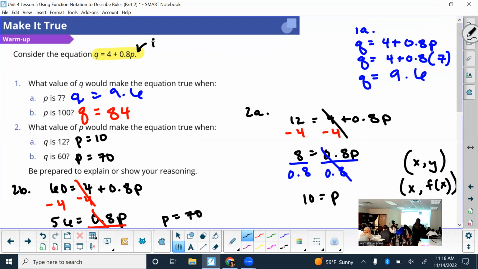The P. What is most likely my output? The Q. So your output is usually what's dependent on your input, right? So when we do stuff to the input, that's how we get the output. If I wanted to make this function notation, let's say function f, what would be in parentheses?